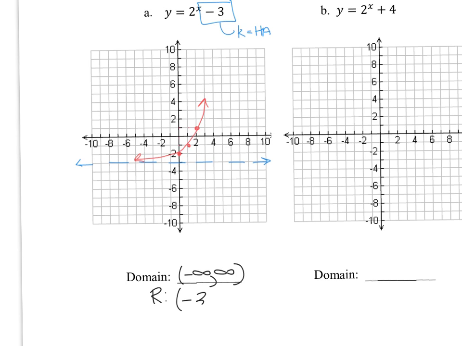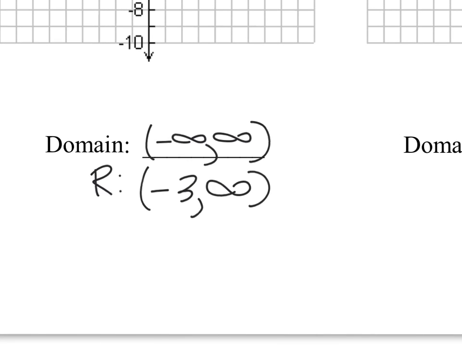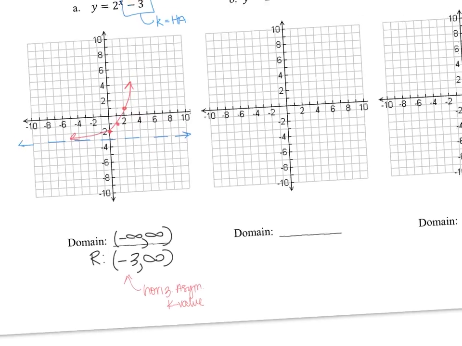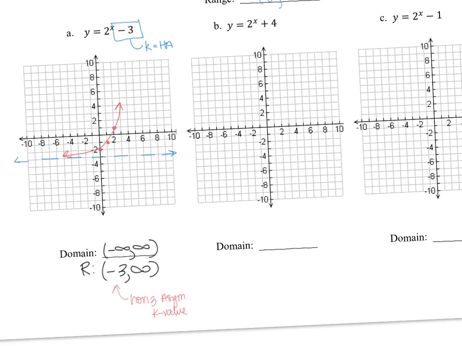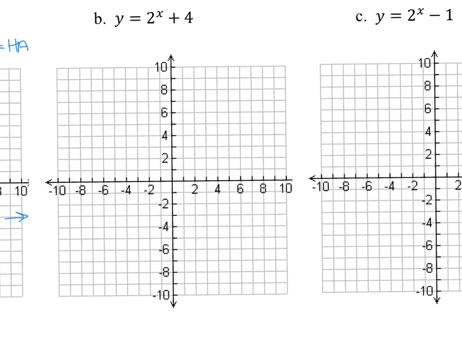So it's going to start at -3, and it's going to go to infinity if it's a growth. And it seems to be a growth rate. So just remember, and maybe make a note, that the first number is your horizontal asymptote, or also your k value. So it's going to be your k value to infinity, or it's going to be -infinity to your k value if it is decay.